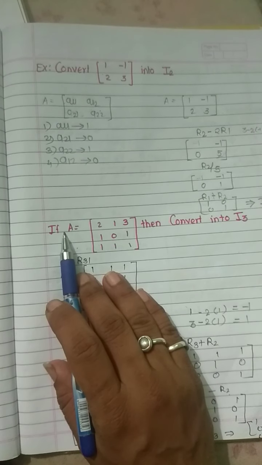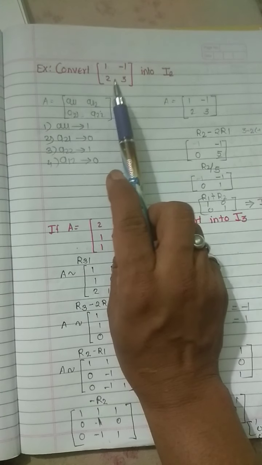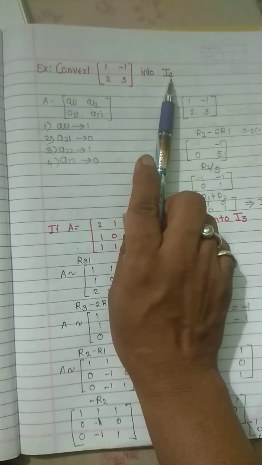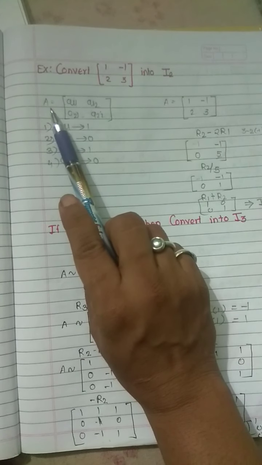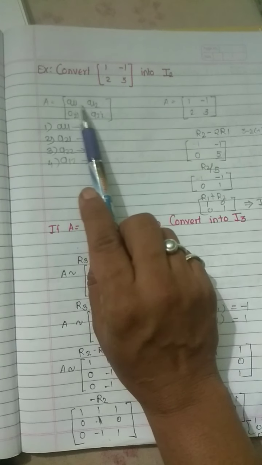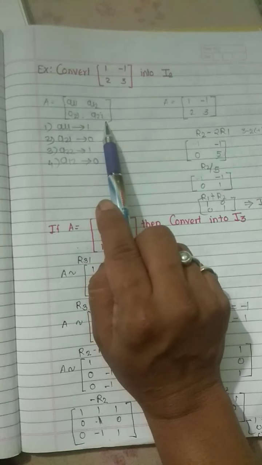For example, convert the matrix with first row 1, minus 1, second row elements 2, 3, into the identity matrix of order 2. Solution. Given matrix A, in general form, is written as A11, A12, second row elements A21, A22.